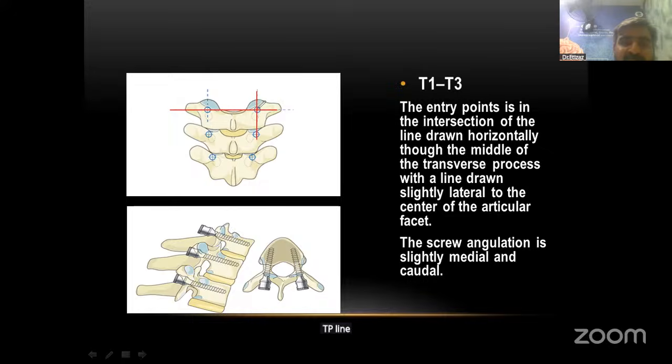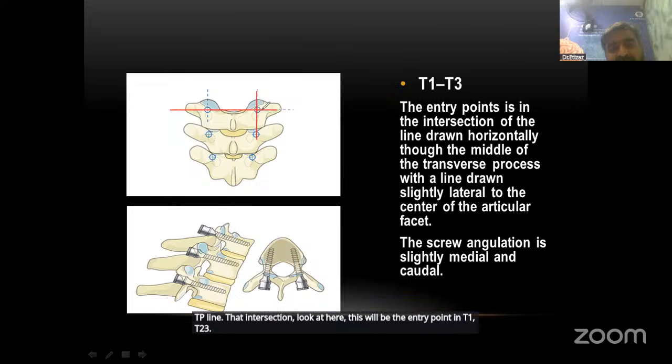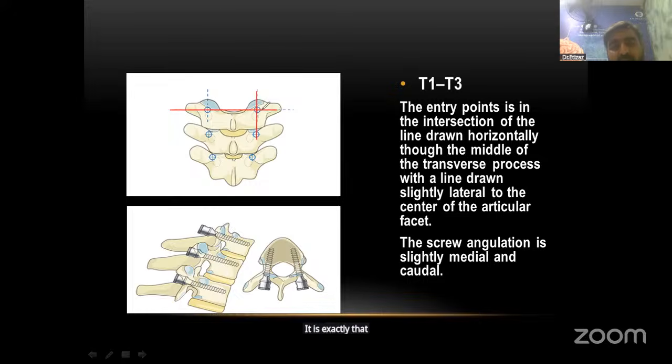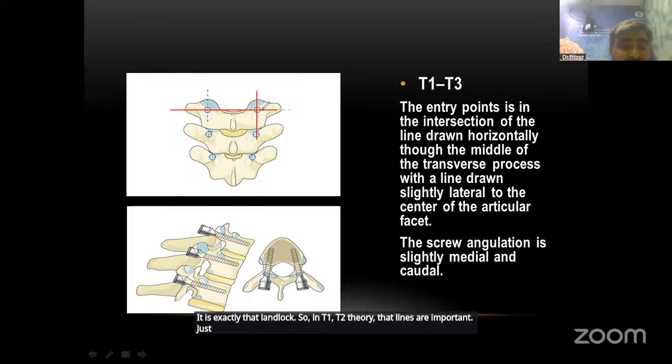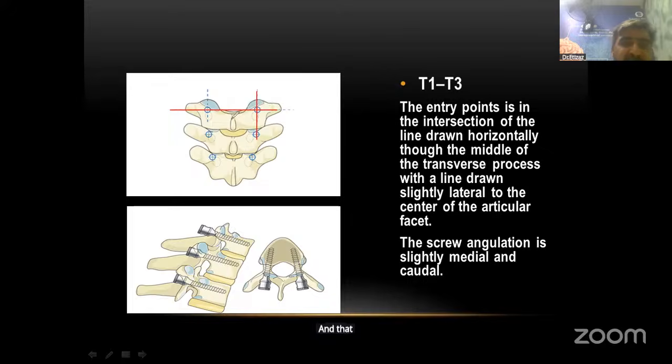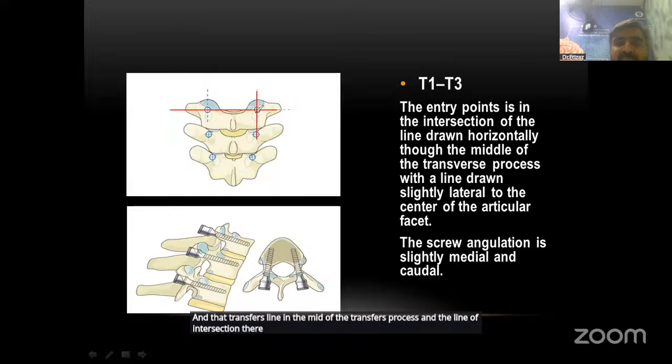That intersection, look here, will be the entry point in T1, T2, T3. It is exactly that line, look. So in T1, T2, T3, those lines are important: just lateral to the superior and inferior articular facet, and the transverse line in the mid of the transverse process. At the line of intersection, we can place the screw. This is the entry point.